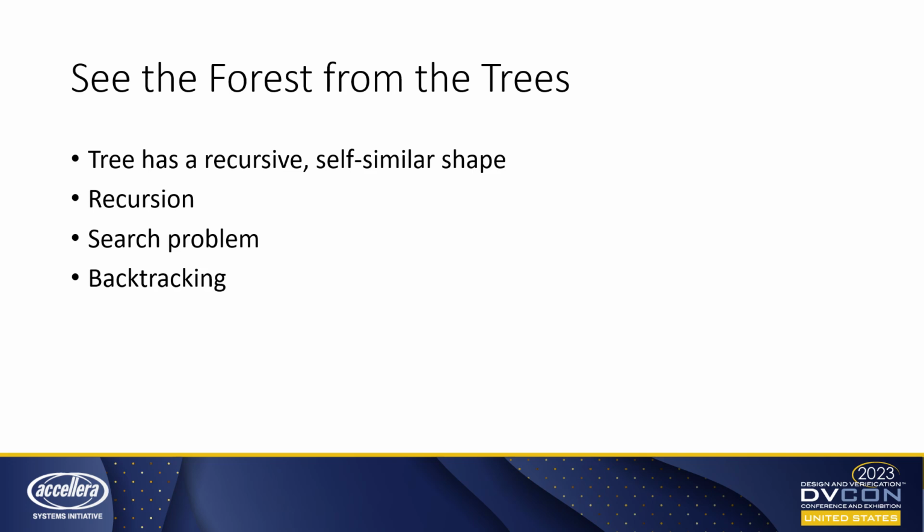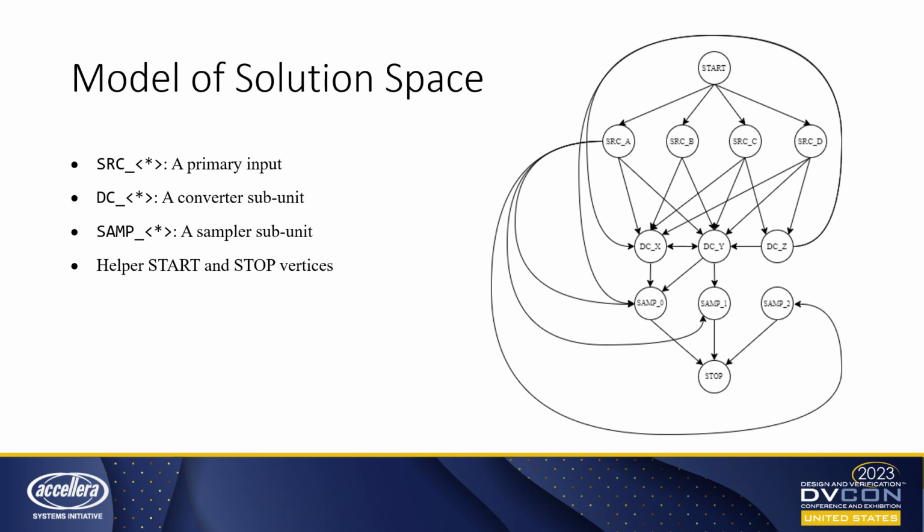In this solution, there were two main components. The first of them is how we model the connectivity of the individual vertices. The second part is a recursive backtracking algorithm that generates a valid DRT structure. Let's start by looking at how we model the legal configuration space of the tree. We can visualize the configuration space as a graph, where each vertex has edges pointing to its possible child vertices.